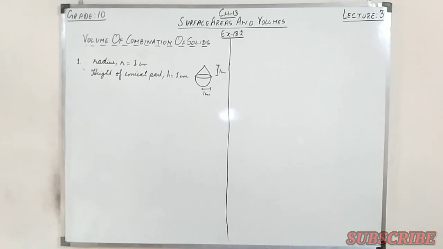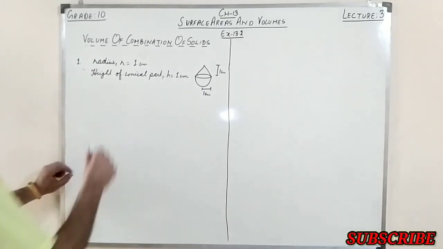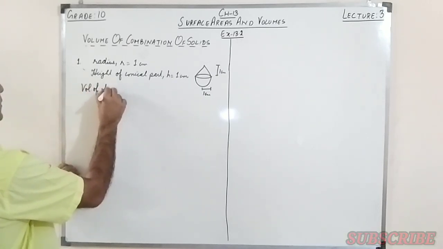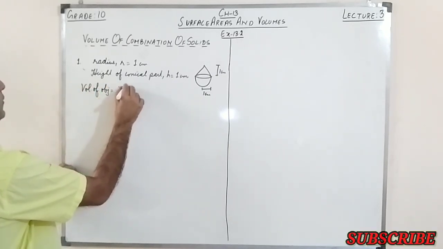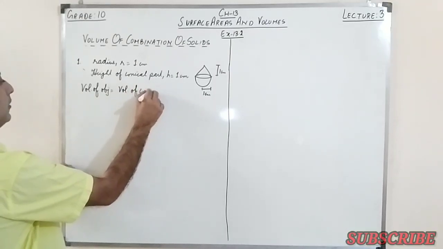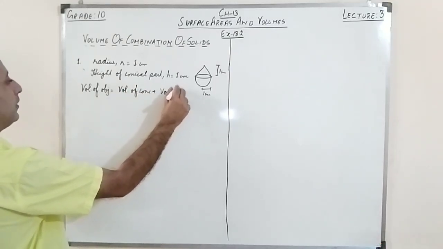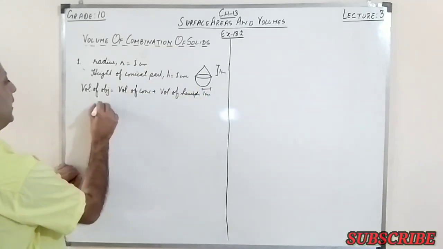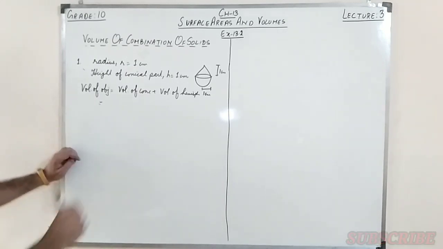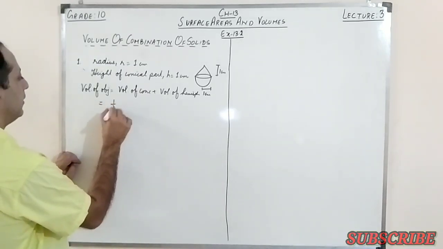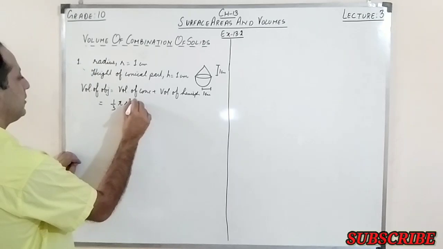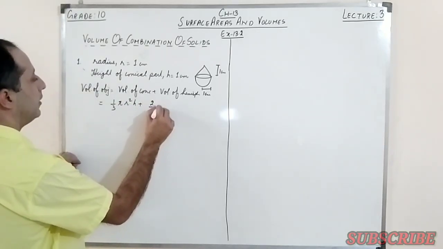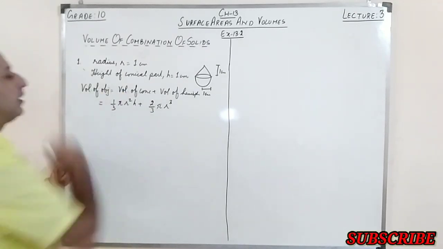It means we are not substituting the value of pi in the question. Now, the volume of the object is equal to volume of cone plus volume of hemisphere. The formula for the volume of cone is 1 upon 3 pi r square h, plus volume of hemisphere is 2 upon 3 pi r cube.